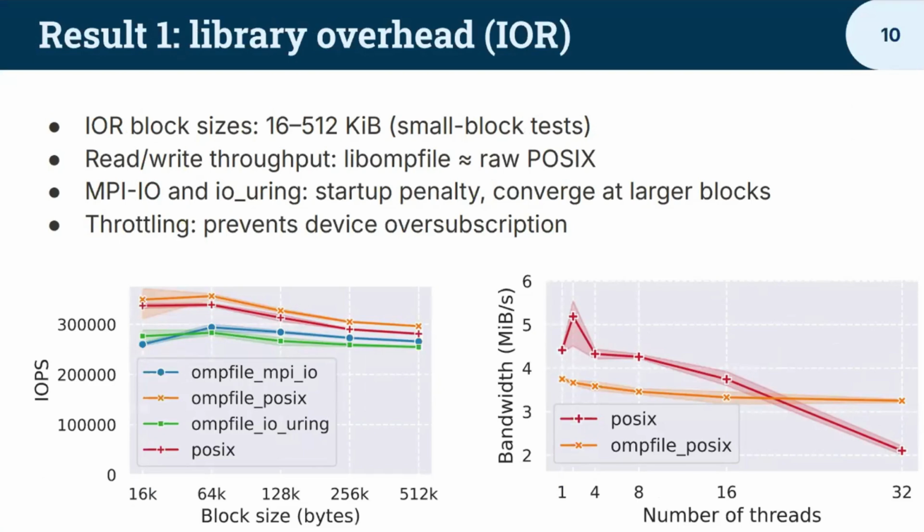So you have to allocate and register that buffer, while with the POSIX interface you don't have to do that. You just talk to the file through one syscall. So you have the startup time of registering the ring buffer. Okay. Which again is more on our backend than on IO ring itself.